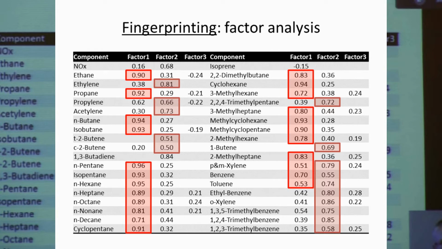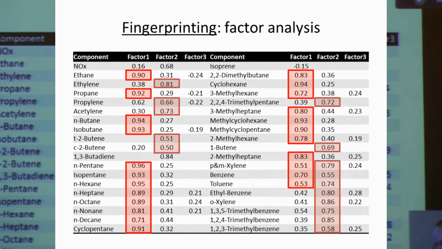Loadings are typically not listed if they are below 0.2. I included a few here that are below 0.2 just to illustrate how close they are to 0.2, or how they compare to the larger loadings. When you look at NOx, for example, top of the list on the left, it's mostly combustion, and it's not significantly loading on factor 1.